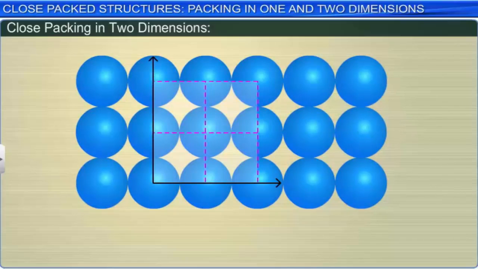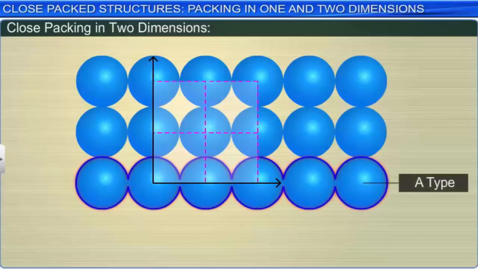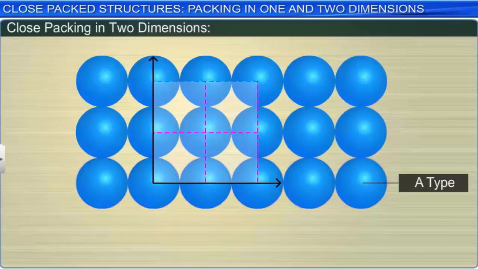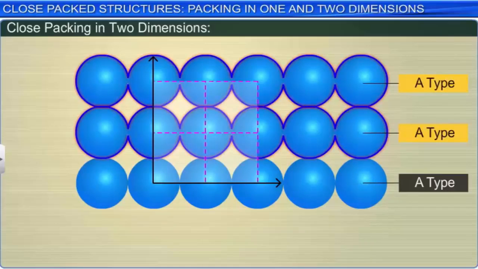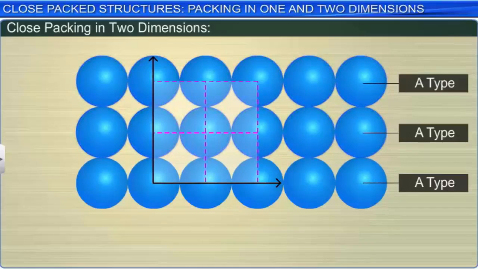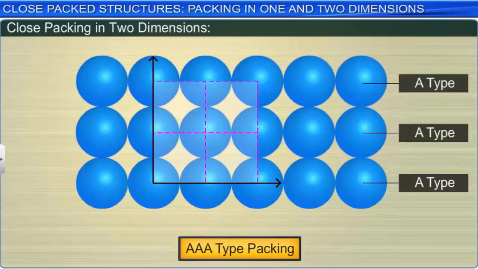You can see that the spheres are aligned horizontally as well as vertically. If the arrangement of the spheres in the first row is said to be of A type, then the arrangement of the spheres in the successive rows is also of A type. The packing thus obtained is called AAA type packing.